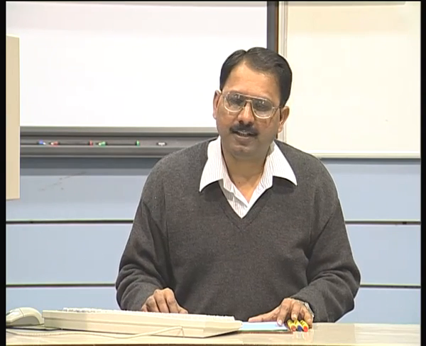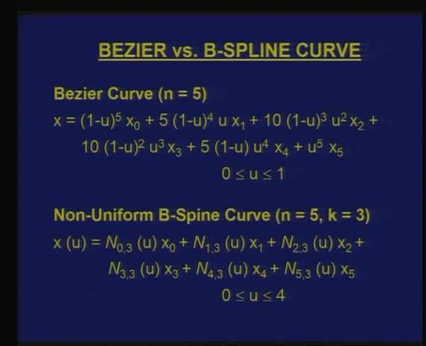Now, let us look at the mathematical definition a little more closely. Suppose I take an example of n is equal to 5. That means I have 6 control points. This is true for both Bezier as well as B-spline. For n equal to 5, the Bezier curve is defined with terms starting from 1 minus u to the power of 5.